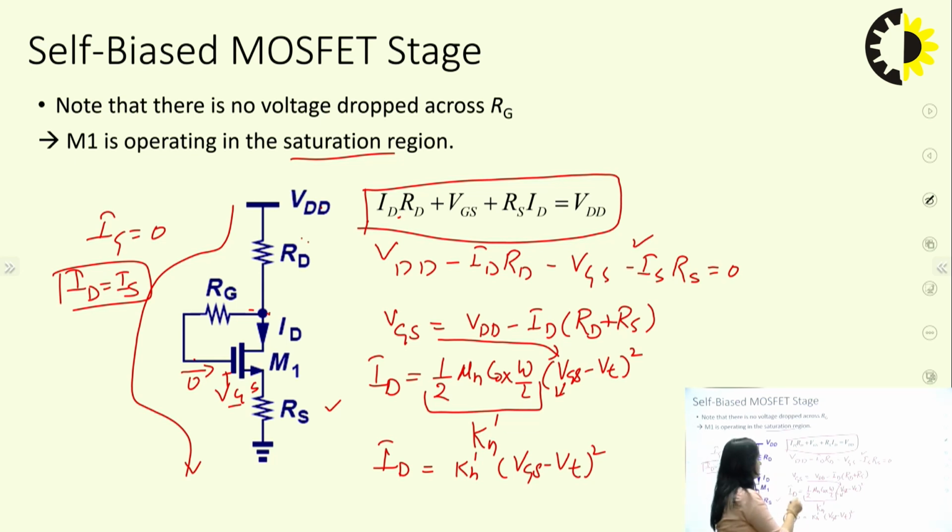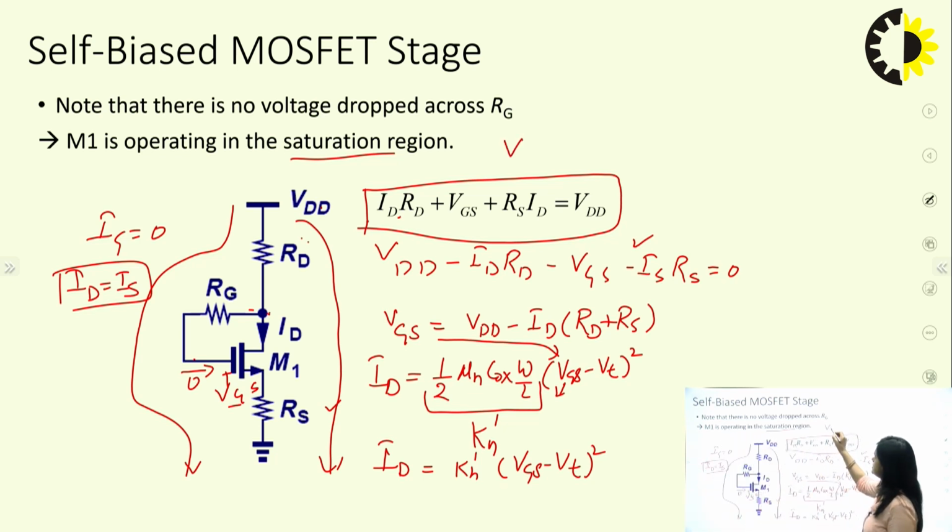And to calculate the VDS, again we have to apply KVL at the outer loop. If we apply KVL in the outer loop, it is like this: VDD minus ID RD minus VDS minus IS RS equals 0.